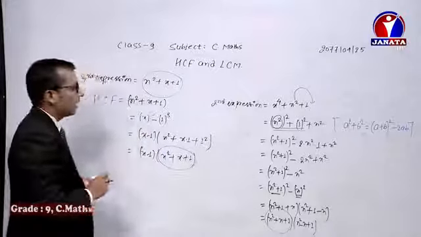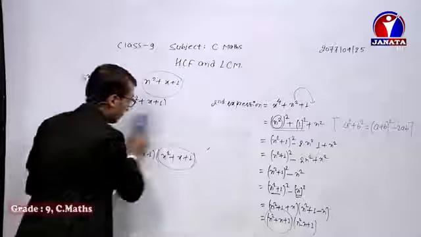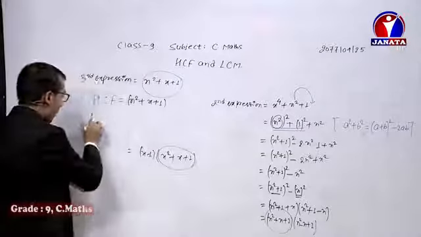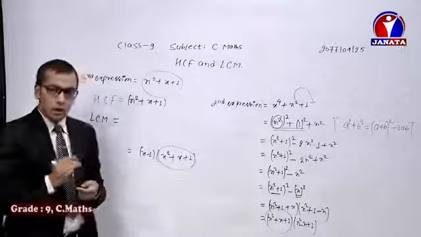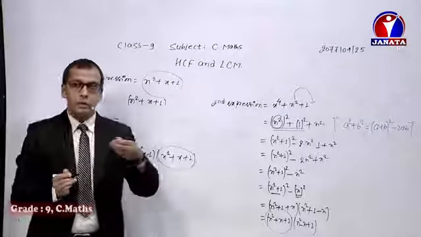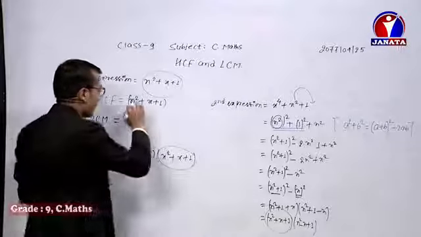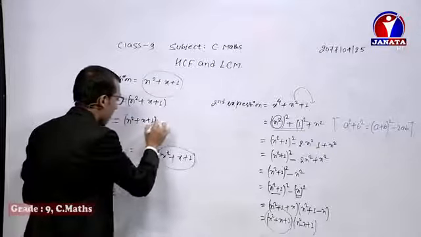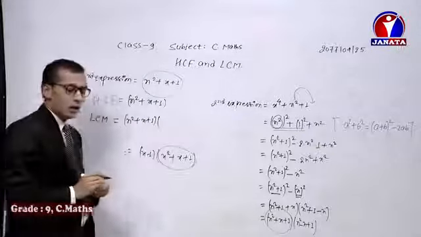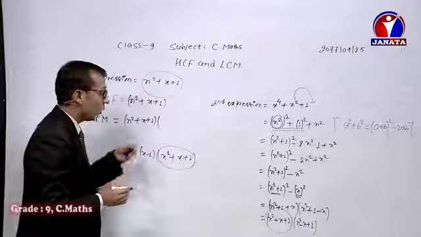So similarly, now let me write what is LCM. For LCM is product of common factors and rest of the factors. So what is the common factor? Is HCF, x² + x + 1 times now the factors remaining from all three expressions.